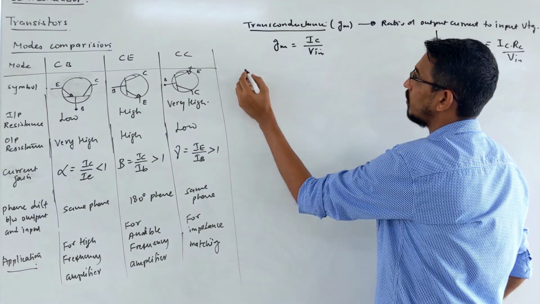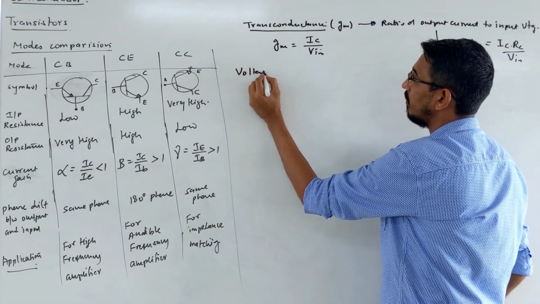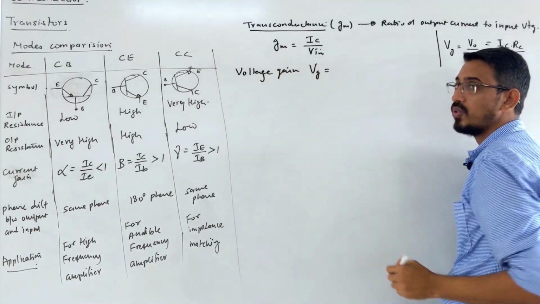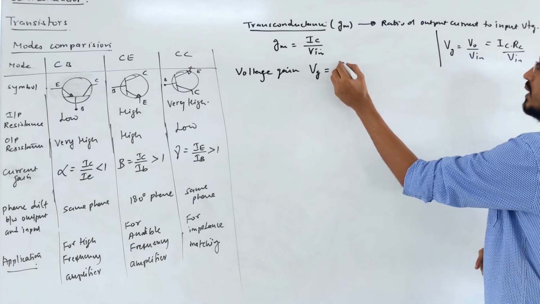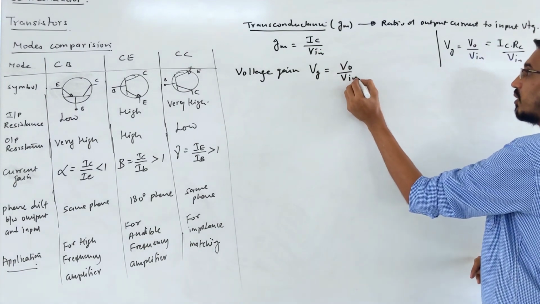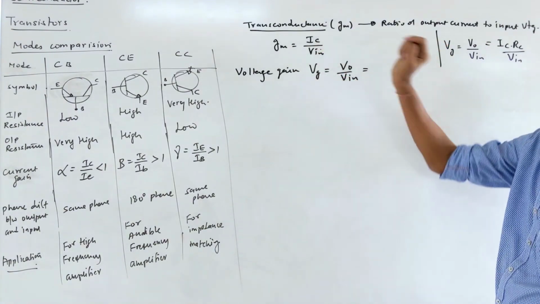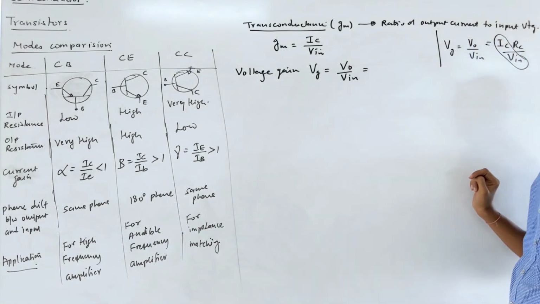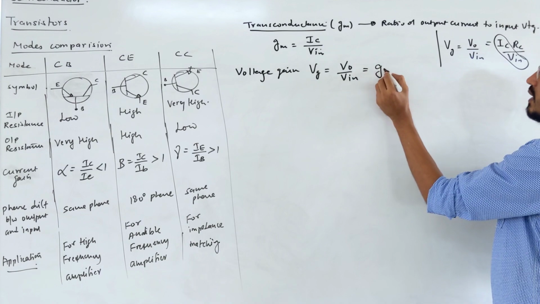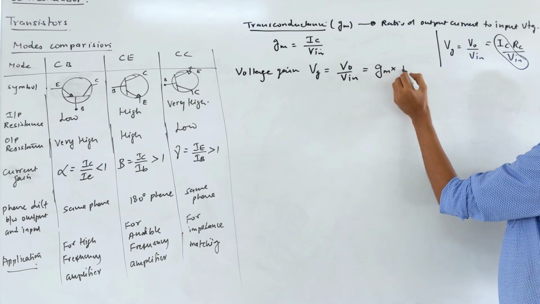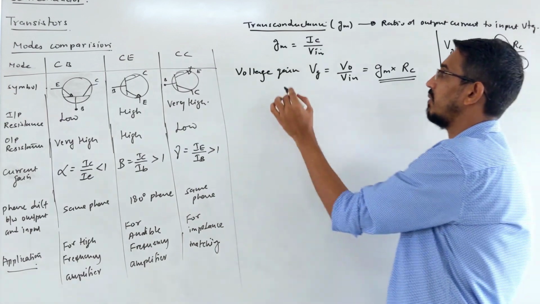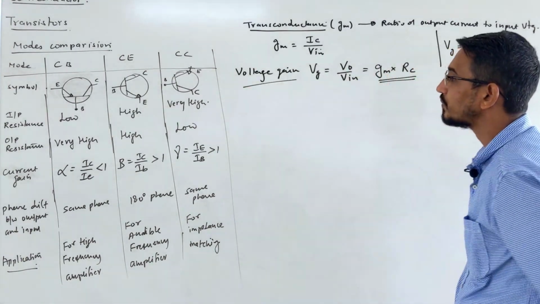So the voltage gain Vg, besides Vout by Vin, can also be written in terms of transconductance: gm into RC. This is also your voltage gain, keep in mind. This is a little important.